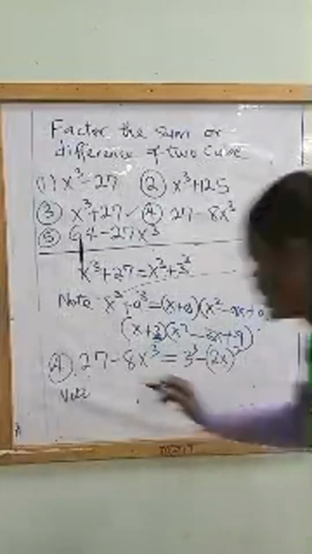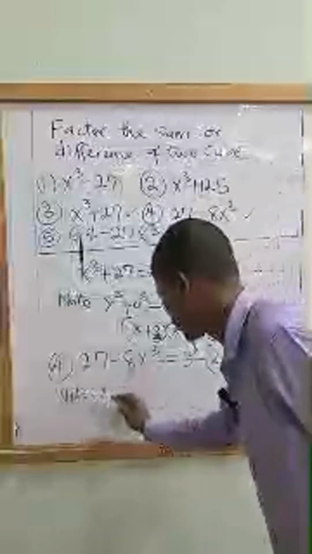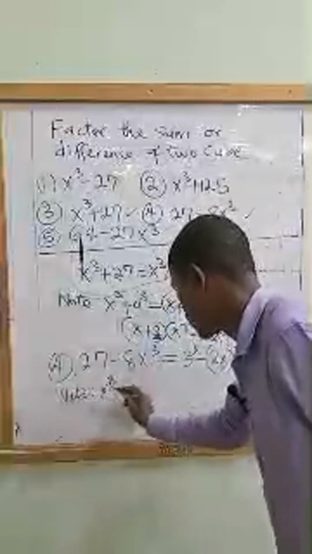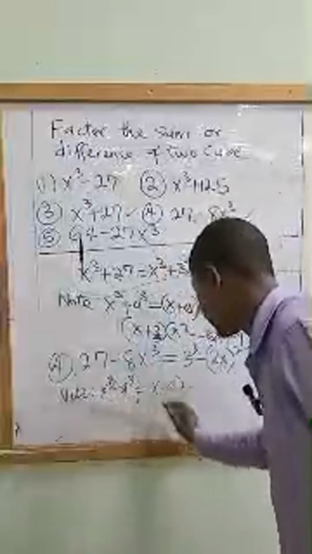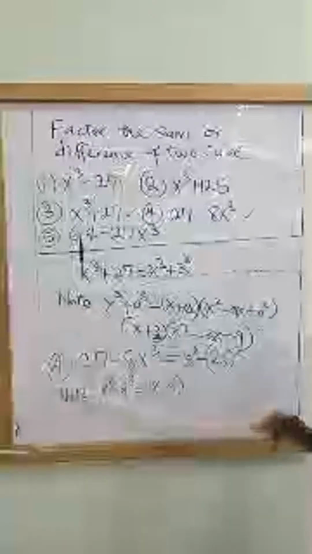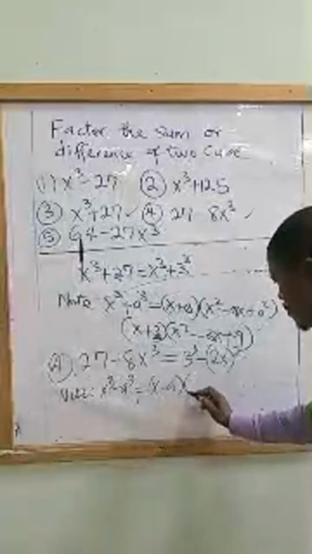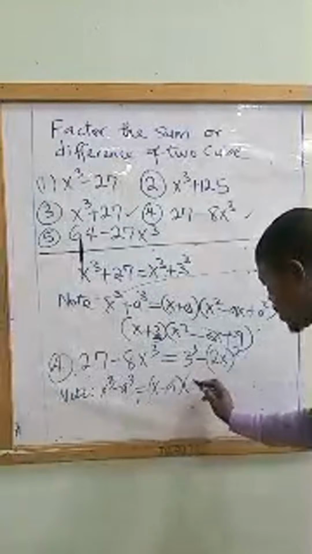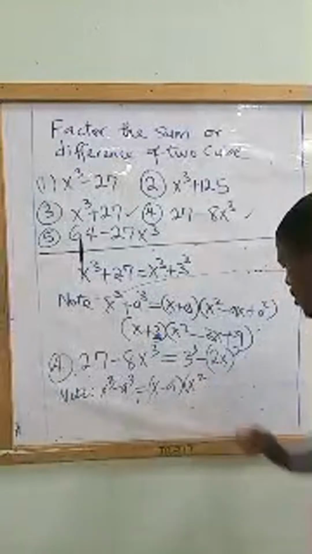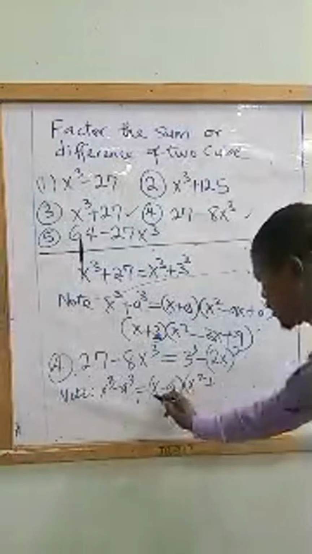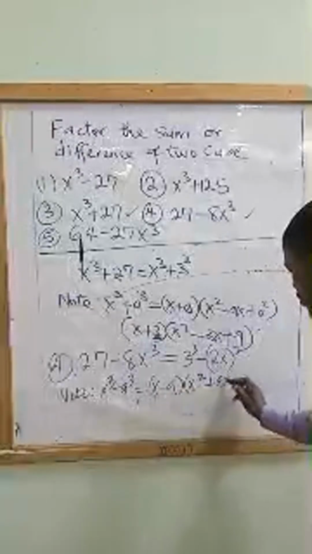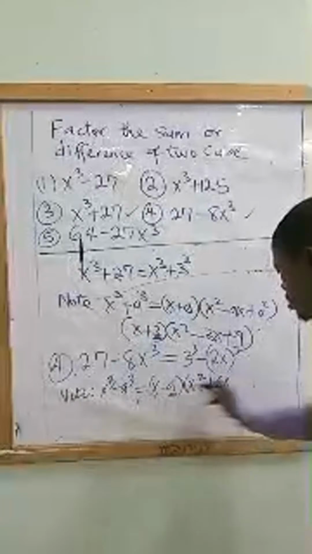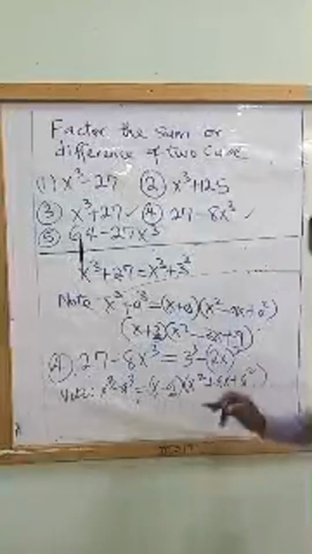Then we can go to the identity that x cubed minus a cubed is equal to x minus a, times the first one x squared, then plus this one times this one, x times a, that's ax, and then the last one plus a squared.